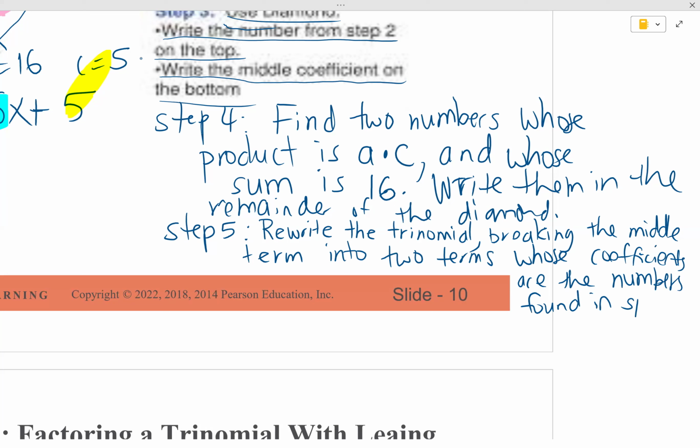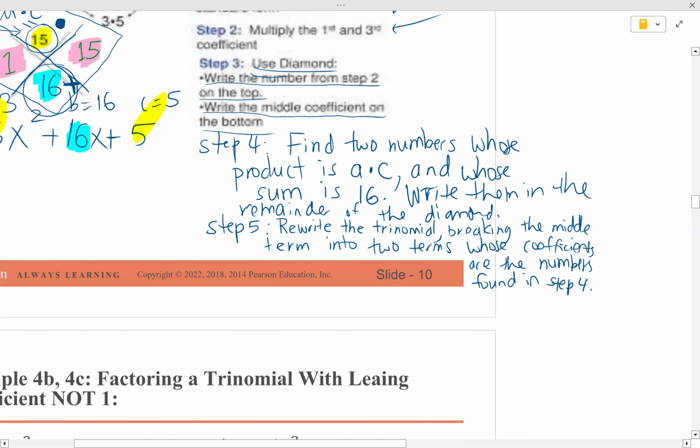Yeah, step 4. That sounds crazy. I think it's not hard to do in math, it's hard to write that.